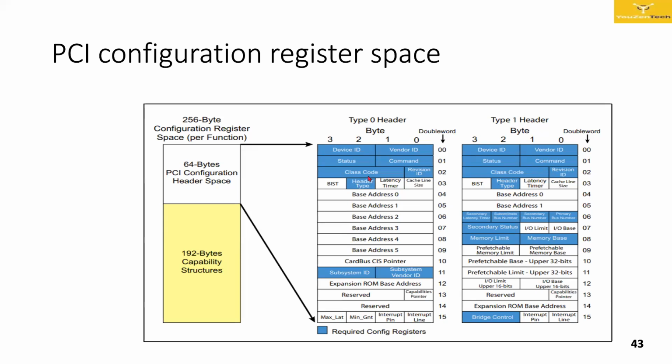So if the function is a bridge, the value is going to be 1. If the function is an endpoint, bits 6 down to 0 of this field are going to be 0. This decides whether your function is an endpoint or a bridge.